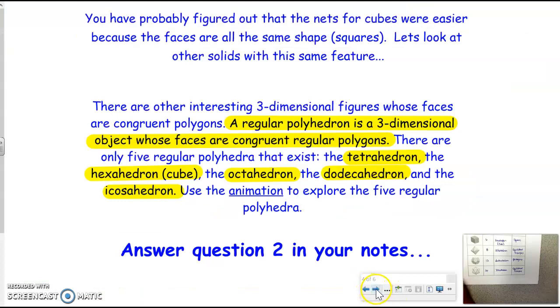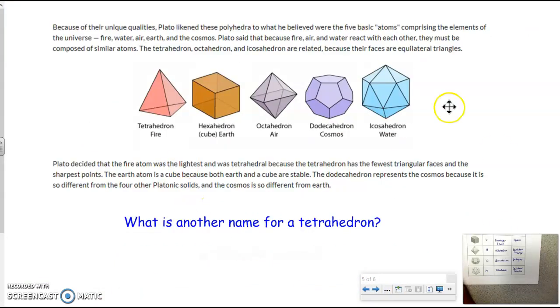You're not going to miss out on anything by not knowing this, but I want to mention it. It talks about how he believed that the 5 basic atoms in the universe were fire, water, air, earth, and cosmos.